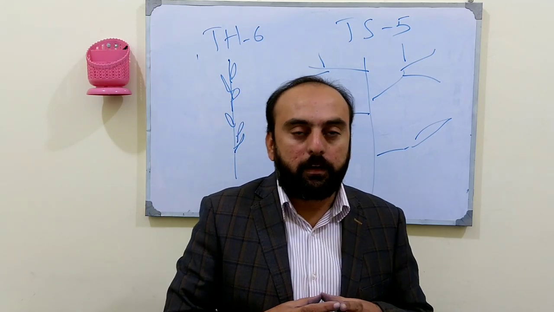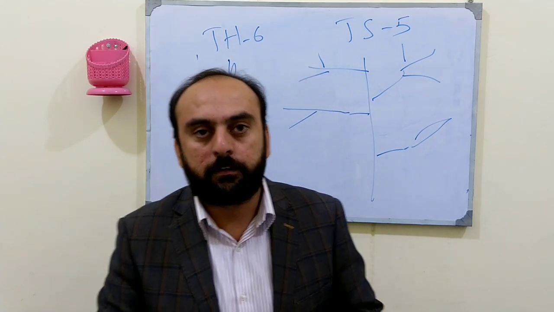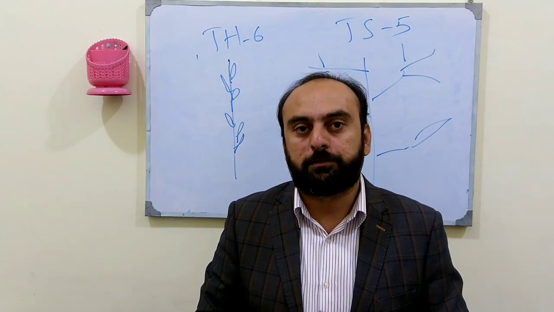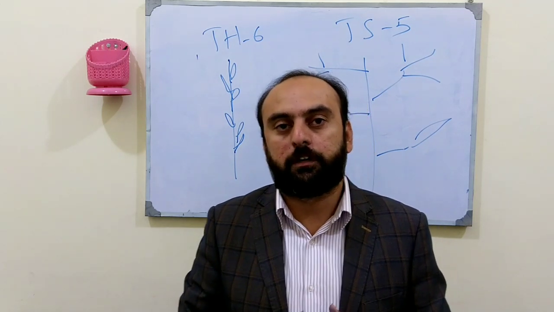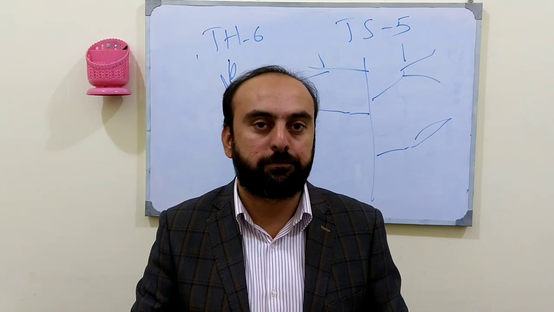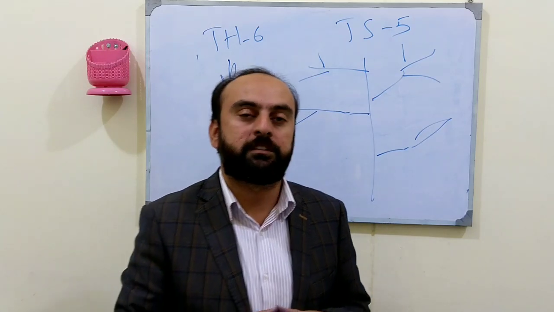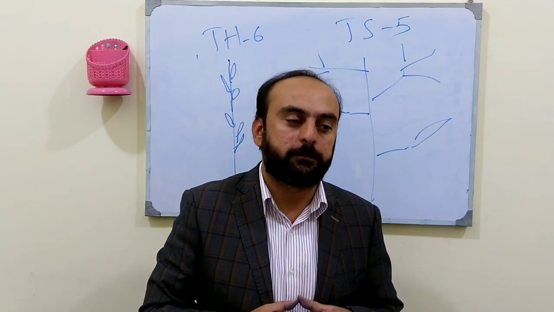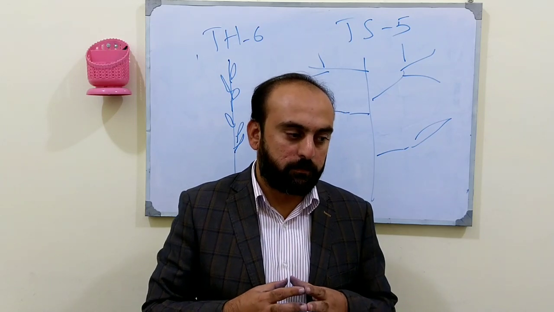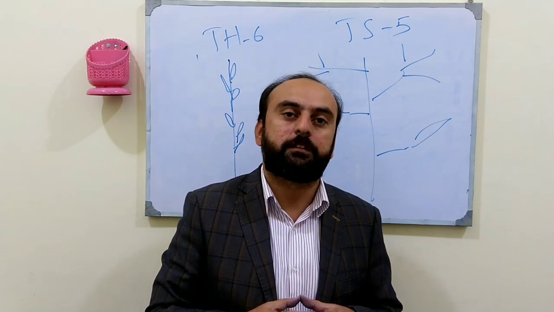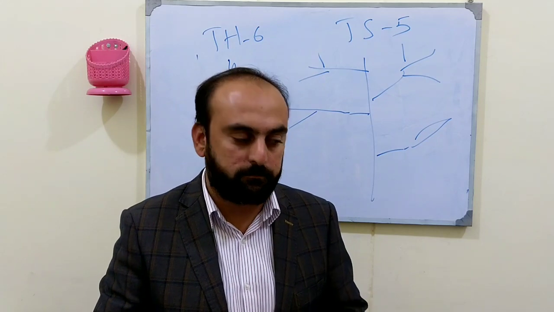And then we discuss different types of tissues, like based on location of meristematic tissues. There are four types: apical meristems, axillary meristems, intercalary meristems, and secondary meristems.